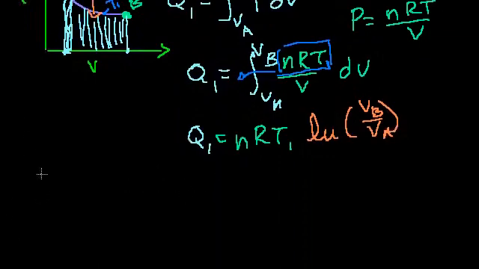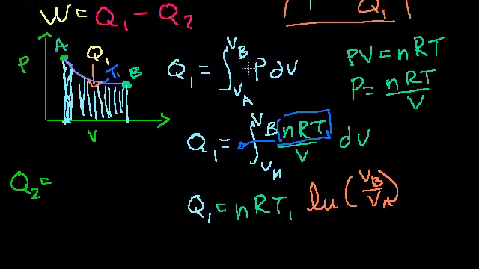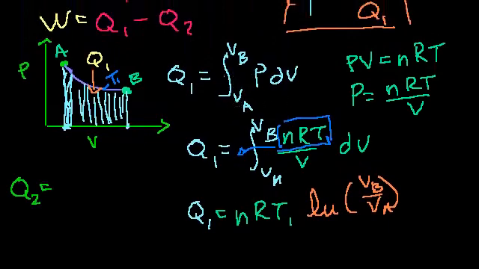I'll do it over here. Q2 is equal to, the same exact logic applies. Just the boundaries are different. We're now going from, and remember, when we cared about the direction, I would say I'm going from VC to VD. But if I just want to know the absolute value of that area, because I just want to know the magnitude, I could go from VC to VD and just take the absolute value of it.